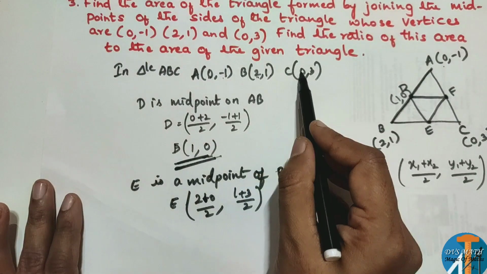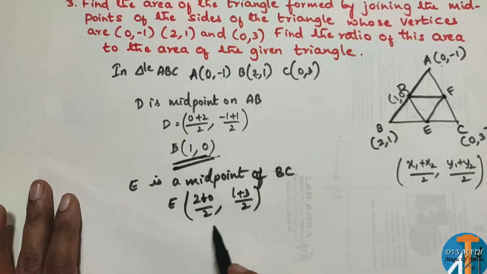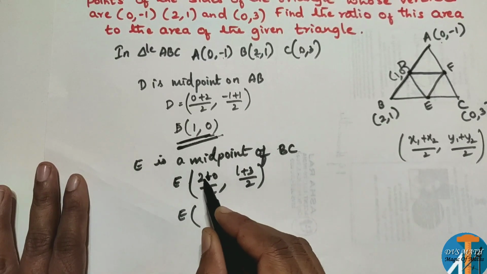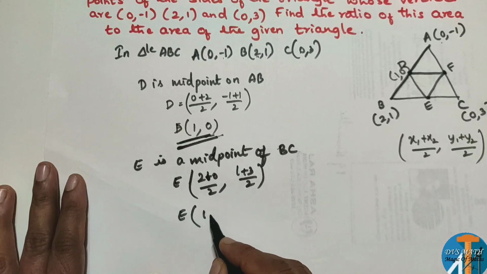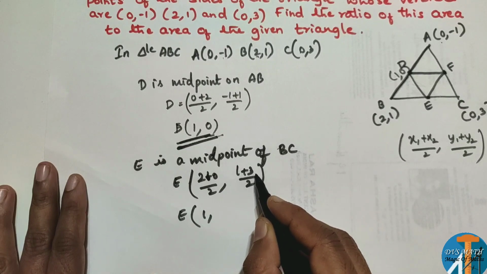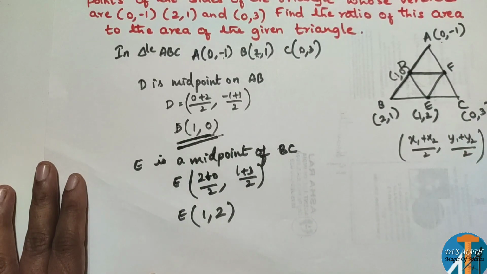Observe, x coordinate, y coordinate, like this: x1 plus x2 by 2, y1 plus y2 by 2. So finally what you will get? 2 plus 0 is 2, 2 by 2 is 1. 1 plus 3 is 4, 4 by 2 is 2. So E is 1 comma 2.